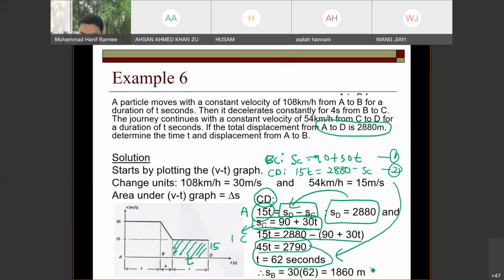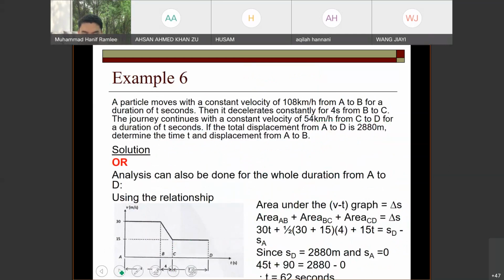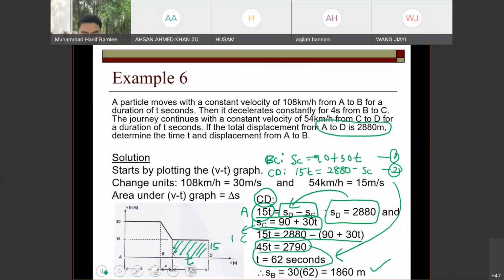That's it. This is the final answer. We already answered the displacement from A to B, which is SB, and the T. The T is here. So this is the final answer.